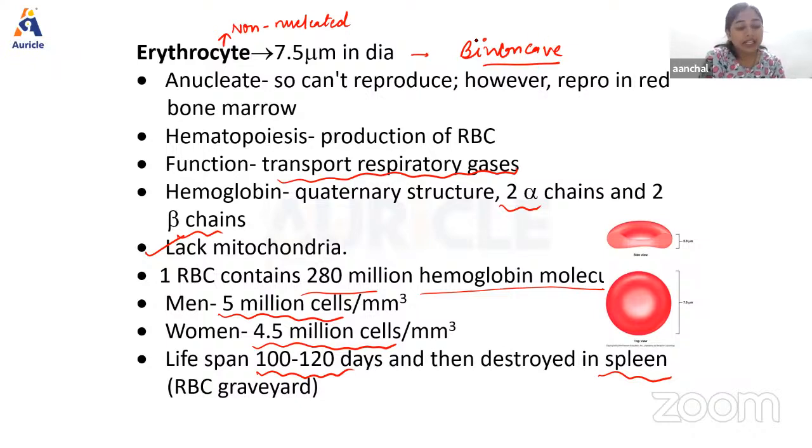Second, it allows easy folding of the RBC on itself when it passes through a capillary. So we have covered two advantages. The last one is that hemoglobin remains distributed in the center of the RBC, which facilitates optimum and quick exchange of gases like oxygen and carbon dioxide. So this is all about why the shape of the erythrocyte is biconcave.